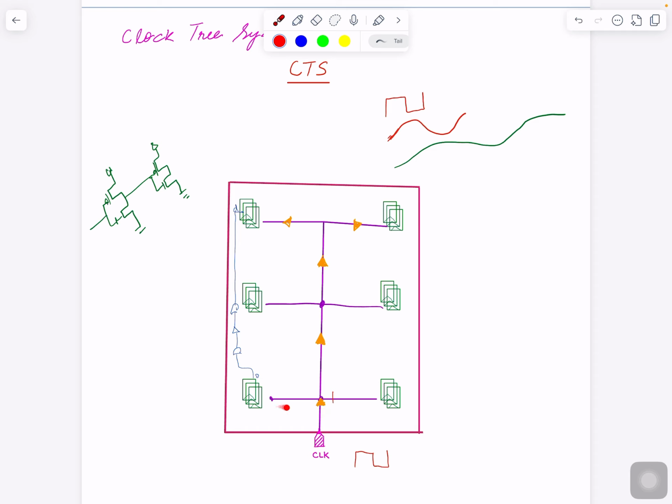Here, the shape of the clock being the same is one thing, but the arrival time of the clock at the clock pins is another thing. So shape is good, we are fine with that, but in terms of when the signal arrives here, if you have this original clock, this clock here has one buffer, so it will be like this, right?